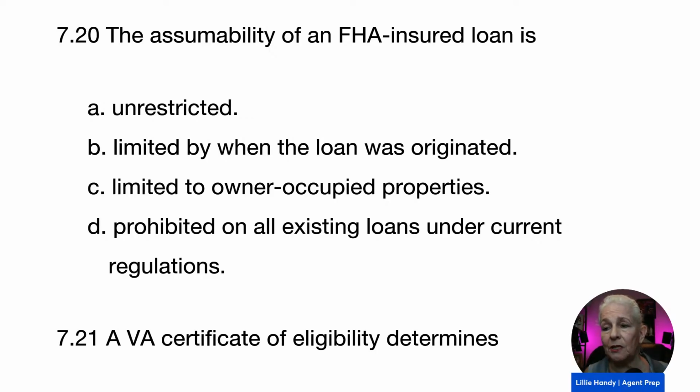Some mortgages executed from 1986 through 89 contain language that is not enforced as a result of later congressional action. Mortgages from that period are now freely assumable, despite any restrictions stated in the mortgage.